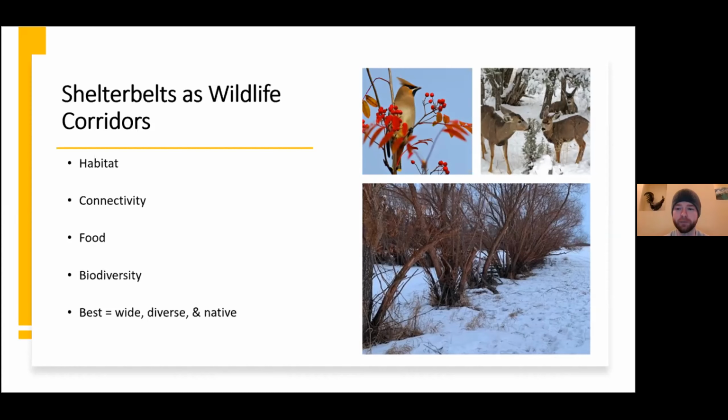And ultimately, encourage wildlife use by avoiding any maintenance on the shelterbelt, such as thinning or pruning, during the active breeding period. Ideally, if you're doing any maintenance, you want to do it during the dormant period, which is usually October to April, and that avoids disruption to nesting or breeding animals.